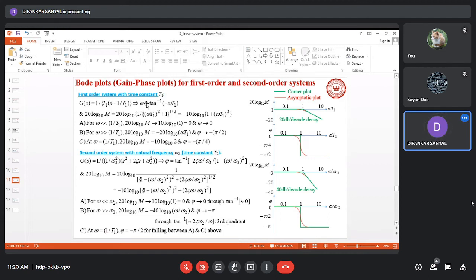Then its phi will be simply minus tan inverse of omega T1, and 20 log 10 M would be given by this term. This comes from putting s equal to jω.